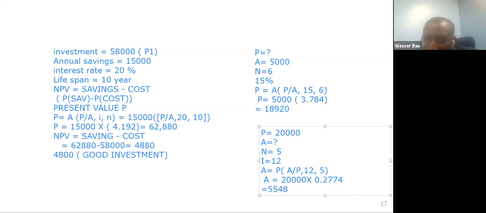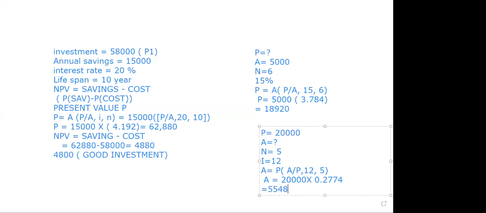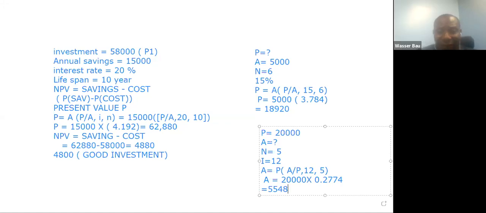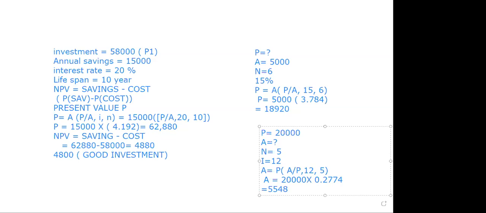Now, do you know what this value means? This value means that I will go back to my company or to my consultant and do my energy savings analysis. If we are not going to be saving $5,548 every year, then don't install that system for me. It means that system is not worth installing.